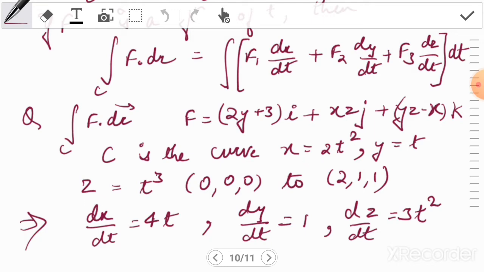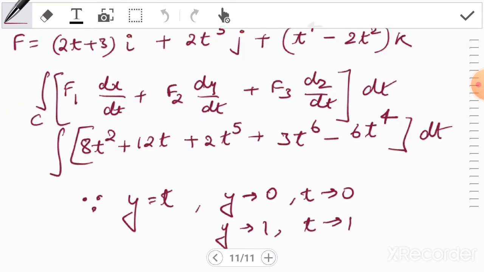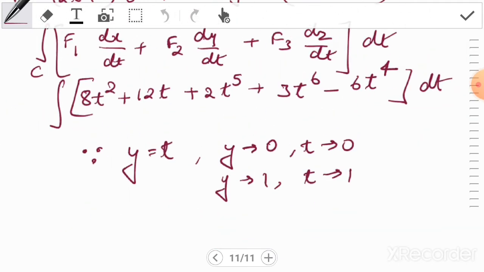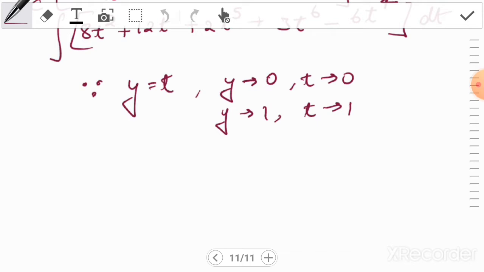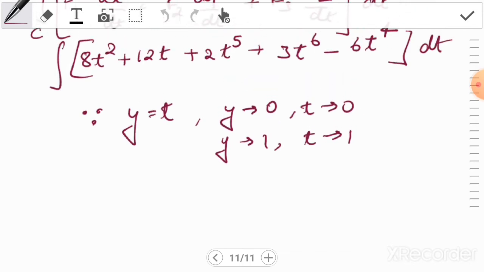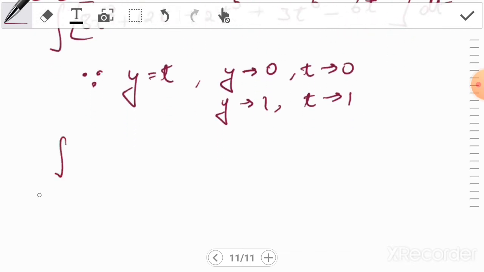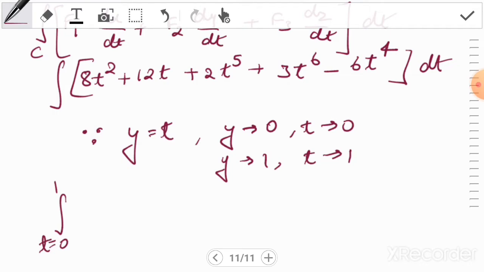You will get the same. Right? So now we got the limit of t as 0 to 1. So t varies from 0 to 1. Okay, let us put these limit values here, t is equal to 0 to 1, right?